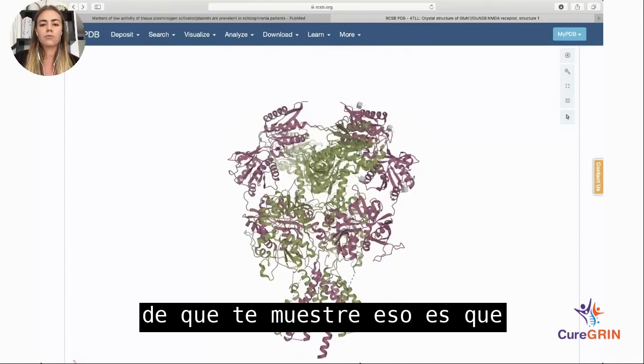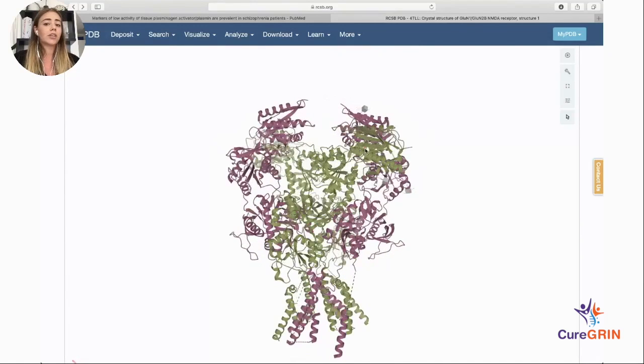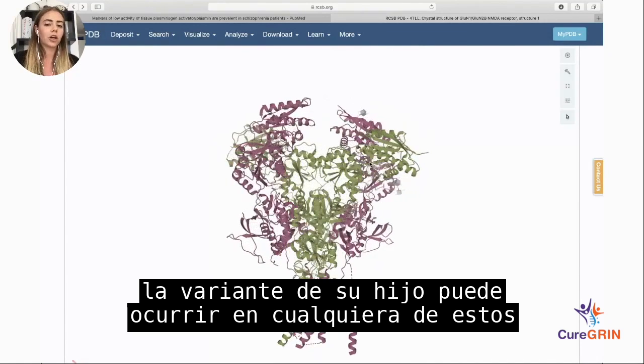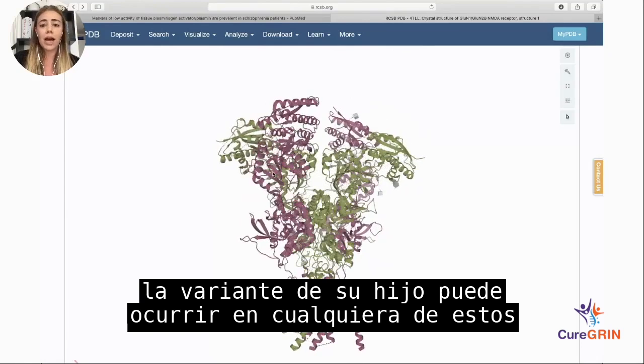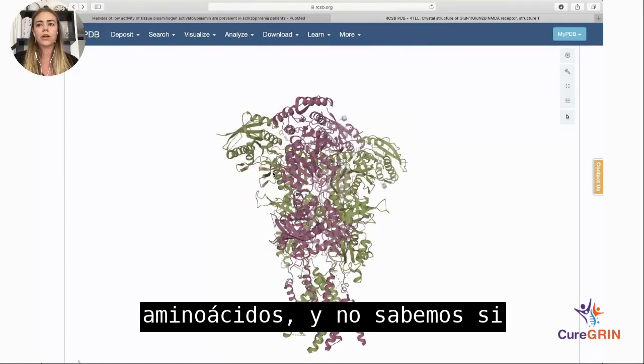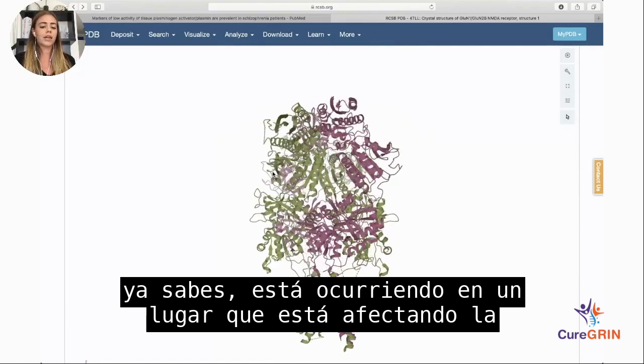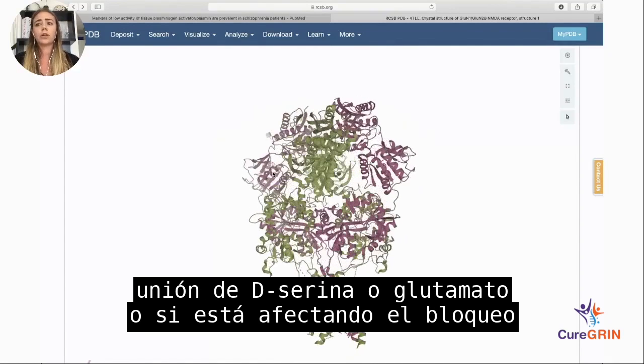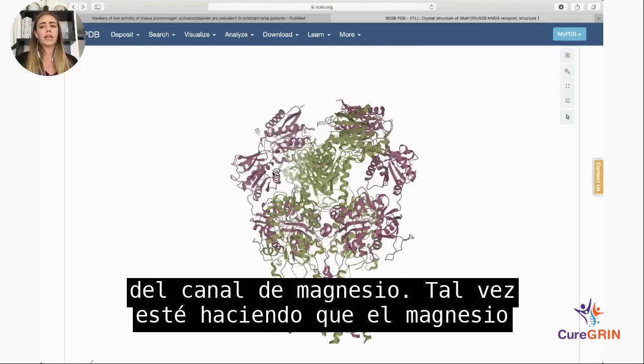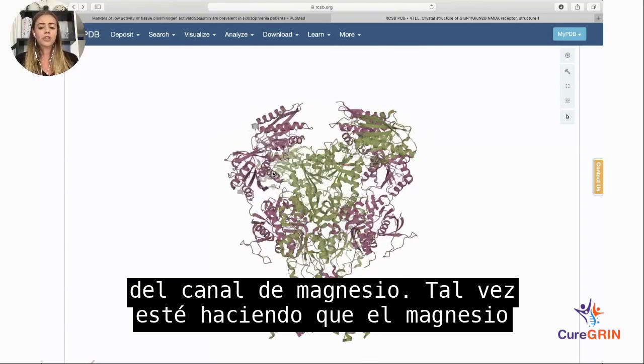The point of me showing that to you is that your child's variant can occur in any one of these amino acids, and we don't know whether it's occurring in a place that's affecting the binding of D-serine or glutamate, or whether it's affecting the magnesium channel blockade.